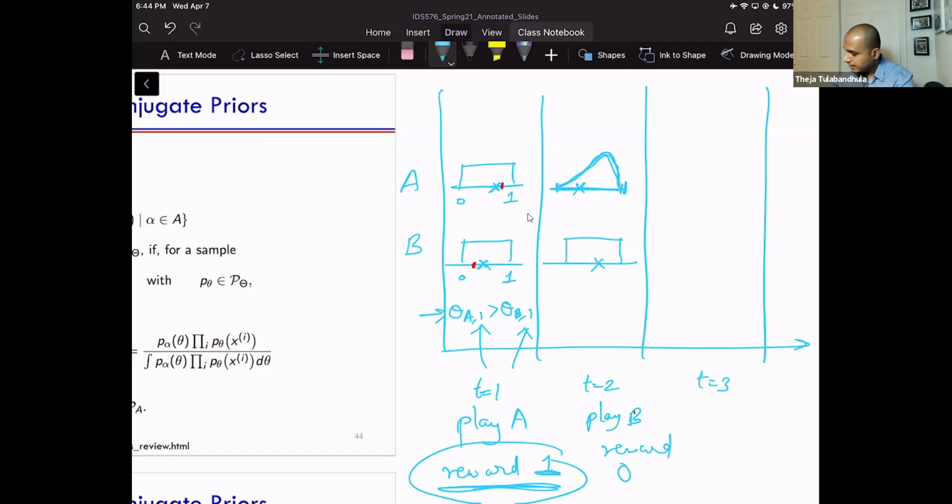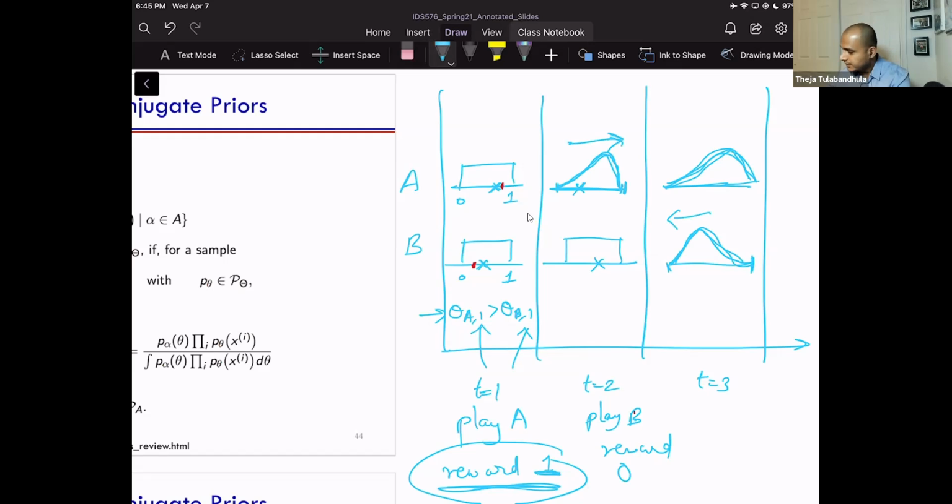In the next round, you'll have the same distribution for A, because there's nothing to update. For B, because I got a reward 0, I'll have a distribution getting closer to 0, whereas A, with a positive reward, is getting closer to 1.